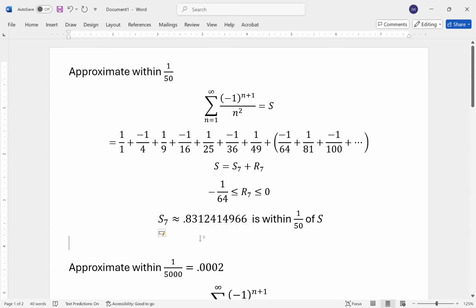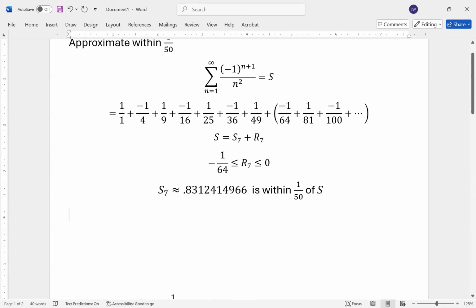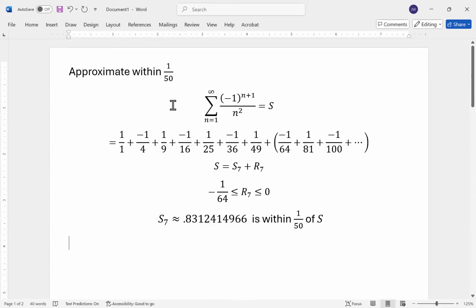And in that case we did a couple of examples ago, we were within 1/50th of the actual summation. Then we would say my sum is somewhere between 0.8312414966 and, like I said, 1/50th is about 0.02.